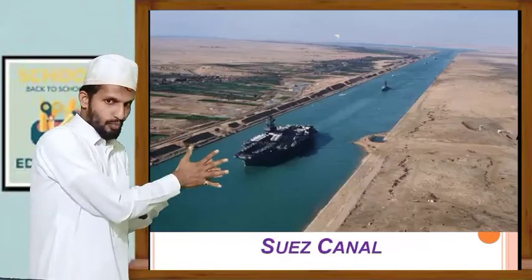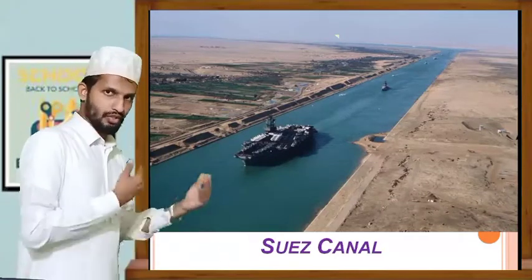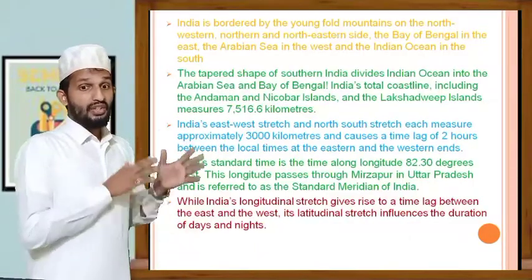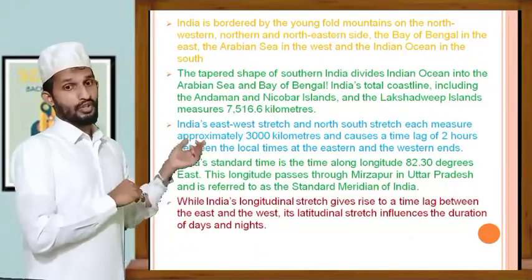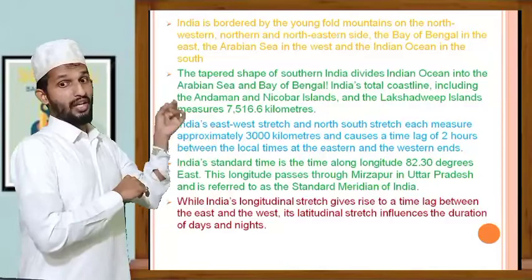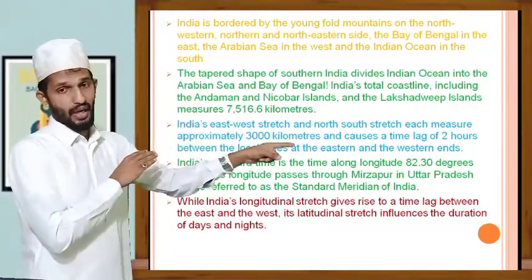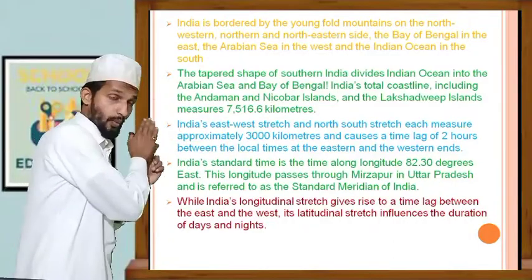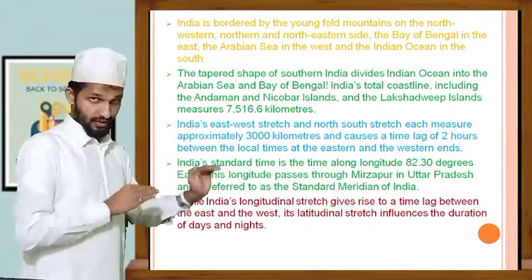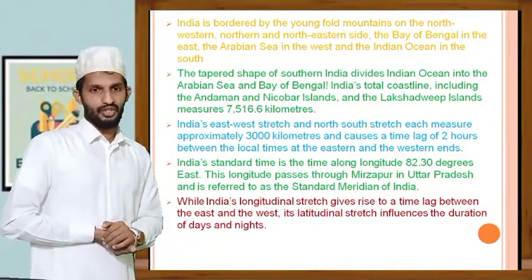So we can see in this picture the Suez Canal. You can search in Google and study in more detail. India is bordered by young fold mountains in the northwest, north and east. The Bay of Bengal is in the east, the Arabian Sea in the west, and in the south is the Indian Ocean.